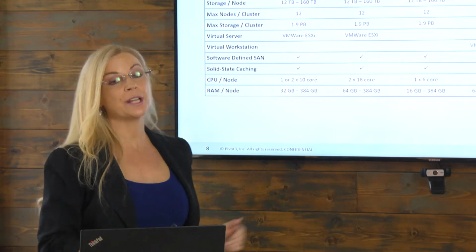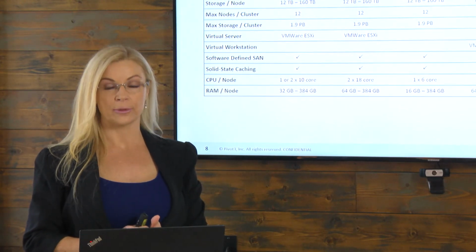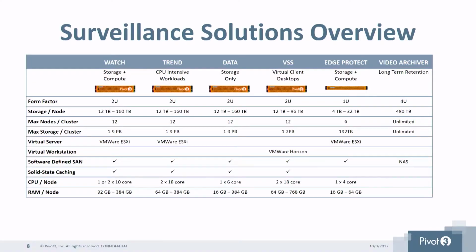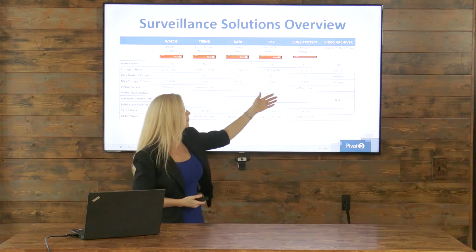And then our Edge Protect is our 1U offering that is focused on, think about retail locations or a toll road where you want to have a stack of infrastructure that can collect video locally. So this is more of a remote office, branch office play, again built on a 1U platform.